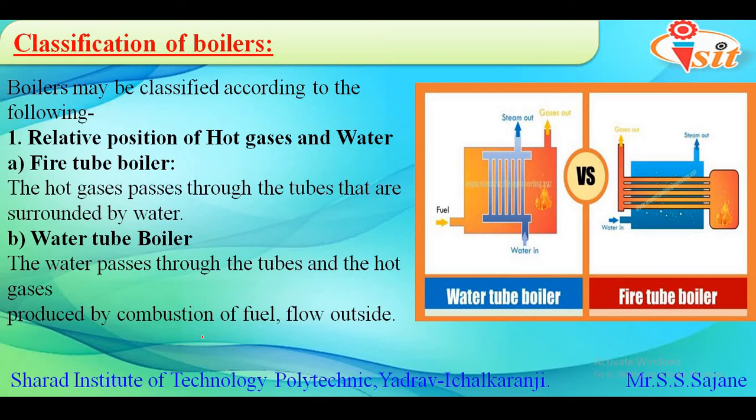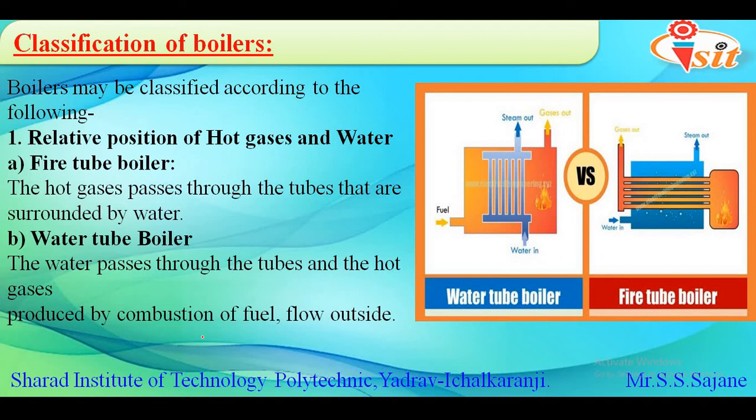If we talk about the fire tube boiler, in this case the hot gases will be passing through the tubes, and the water will be surrounding these tubes. Whereas if we talk about the water tube boiler, then inside the tubes water will be passing, whereas the hot gases will be surrounding the exterior of these tubes.